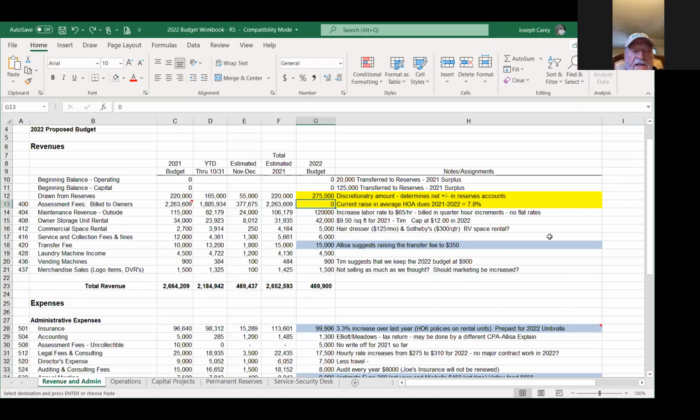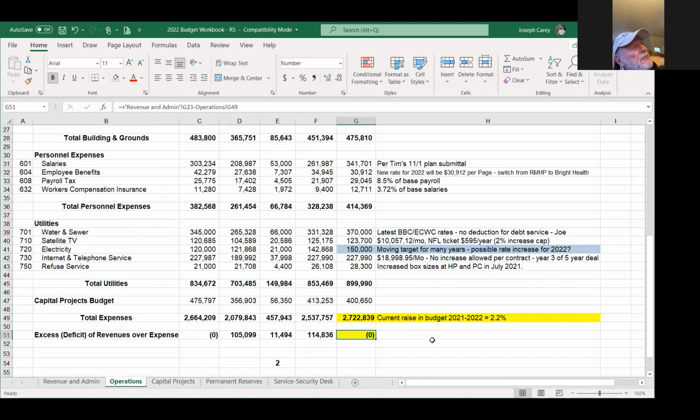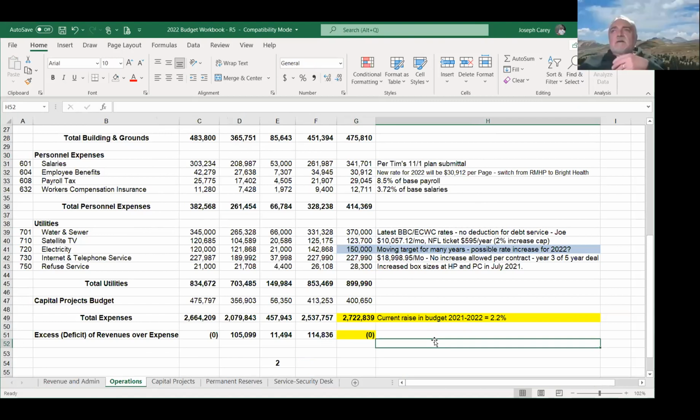So I'm still curious, on that final page, it shows one at 2.7 and change, and then one at 2.52. Is it 2.7 million or is it 2.5 million? I don't know what you're asking, John. John, I think I know, Joe. The 2.7 number is the total expenses. Then you have to subtract off from that the other revenues other than assessments.